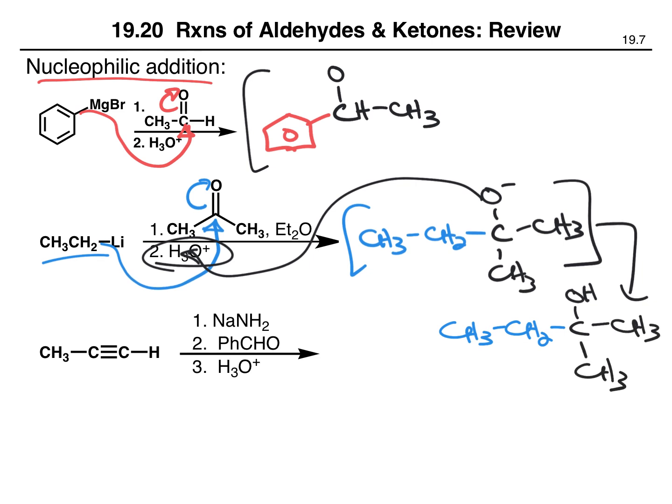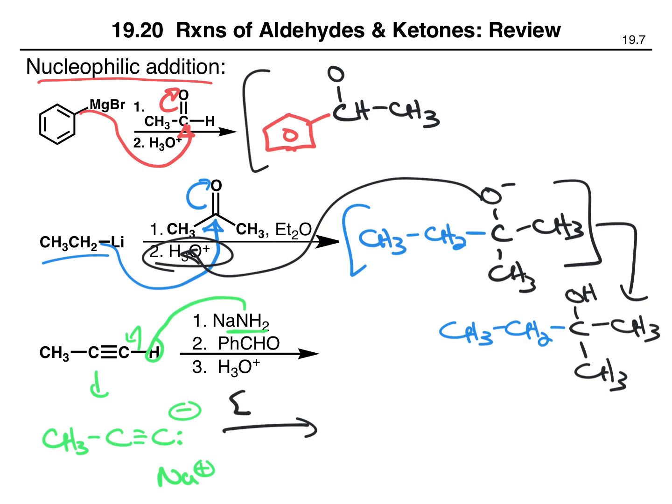And a third example, if we start out with a terminal alkyne and we treat it with a strong base such as amide. The amide is going to pull off this proton, putting these electrons onto the alkyne carbon, and that will give us this anion. Technically, it would be the sodium salt. And then treatment with aldehyde, so in this case benzaldehyde.